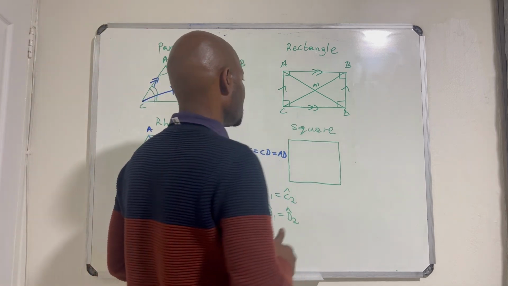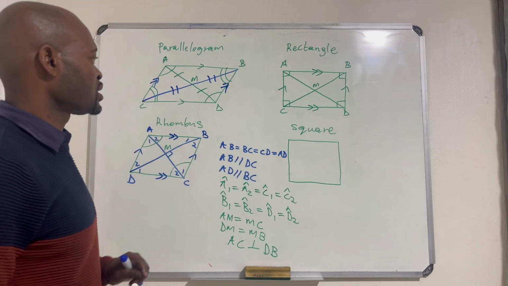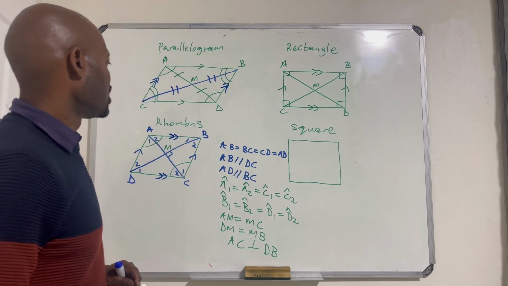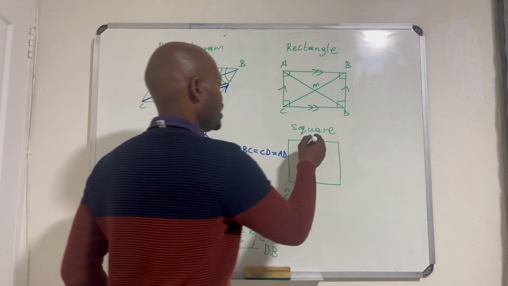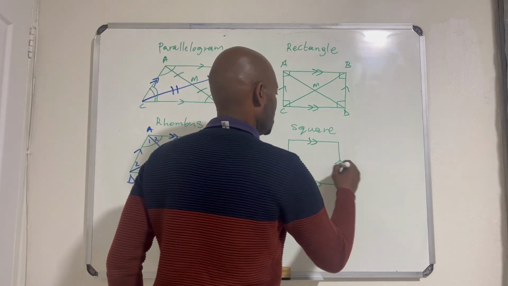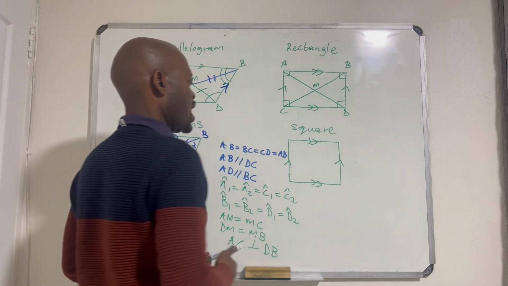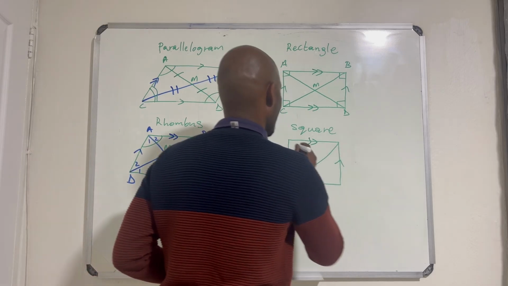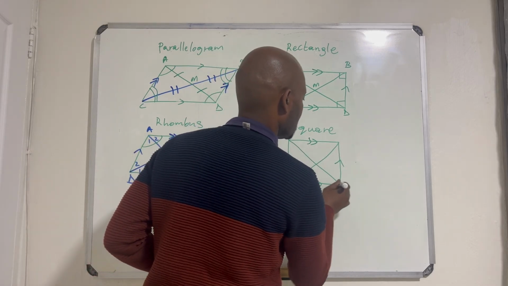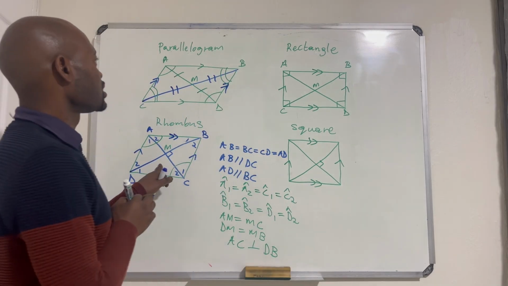The properties of a square: all sides are equal in a square like the rhombus, and opposite sides are parallel. Diagonals bisect each other at 90 degrees, same as the rhombus.